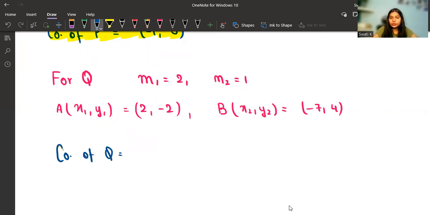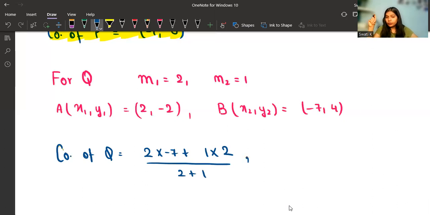So M1x2, that means 2 into minus 7, plus M2x1, that means 1 into 2, upon M1 plus M2, which is 2 plus 1, right? So make sure when you are solving this, you write down the formula once.